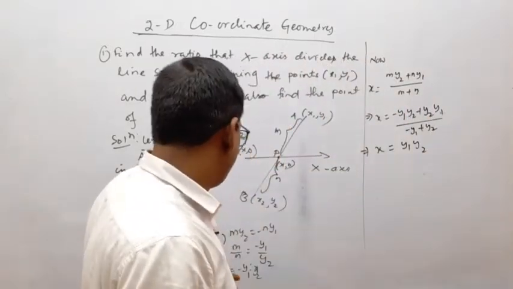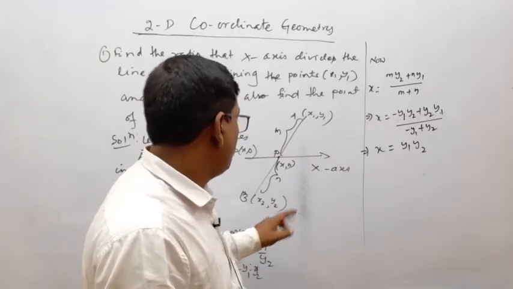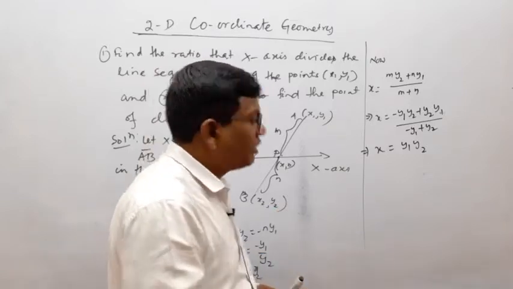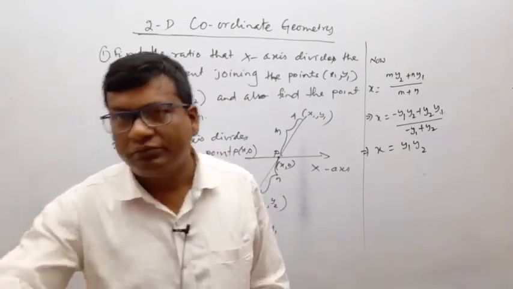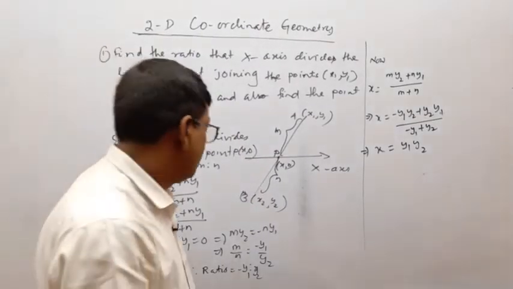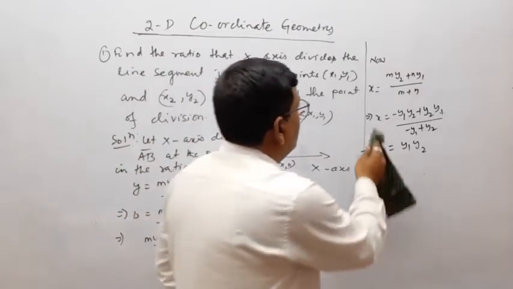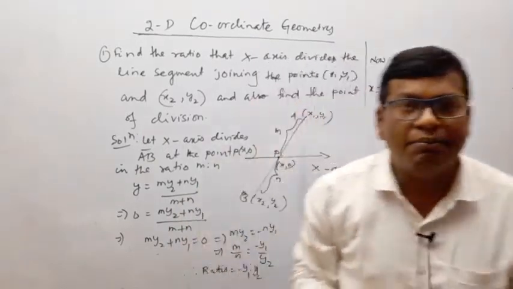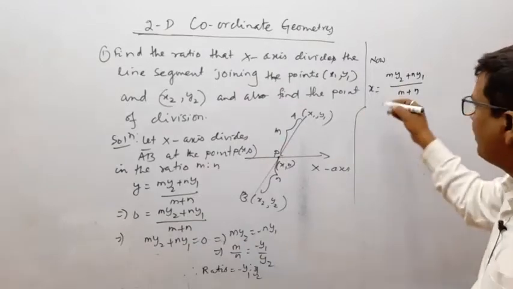Now we put m by n equal to minus y1 by y2. Or we can derive this by converting it in terms of m by n. So divide numerator and denominator by n.